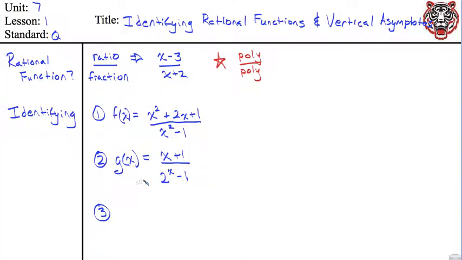Number 3, let's do h of x. That's going to be equal to x minus 0.5, all of this divided by x plus 2, x minus 3.